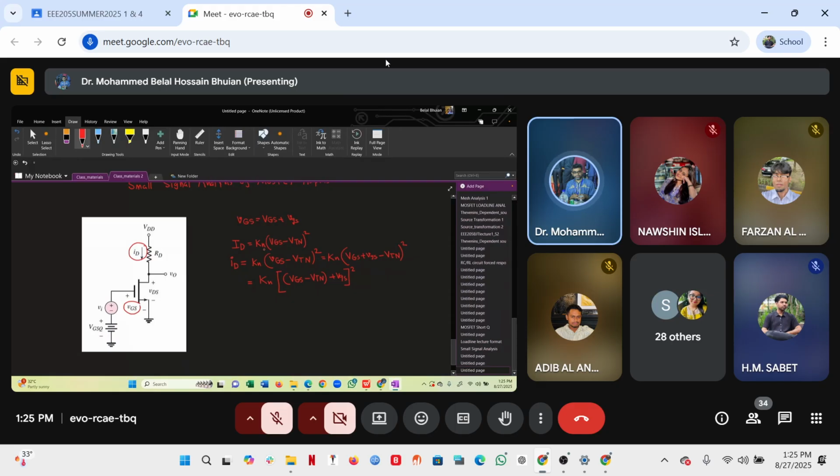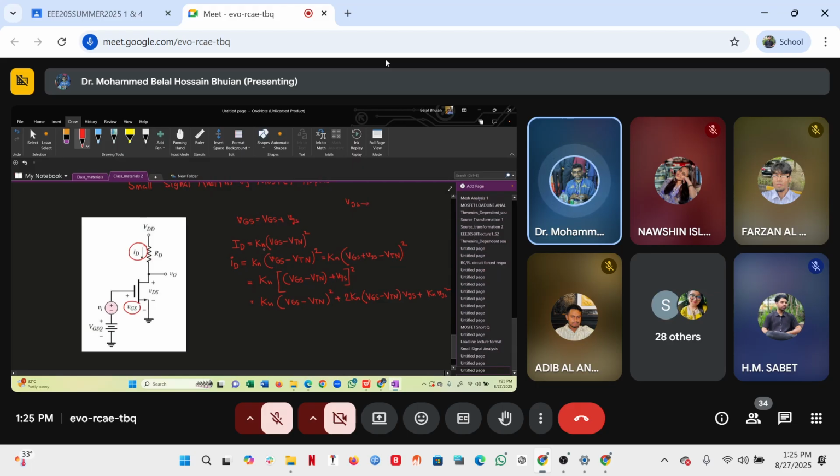If we expand it, we get Kn (VGS minus VTN) whole square plus 2Kn (VGS minus VTN) times vgs plus Kn vgs square.